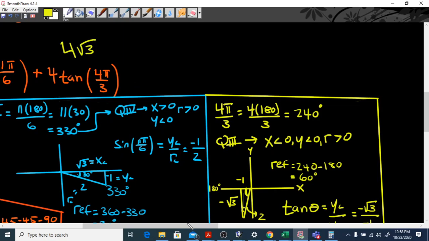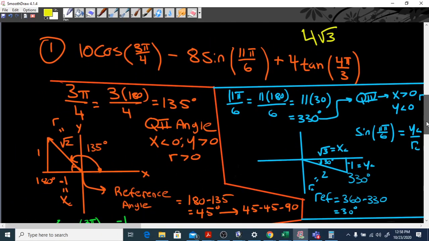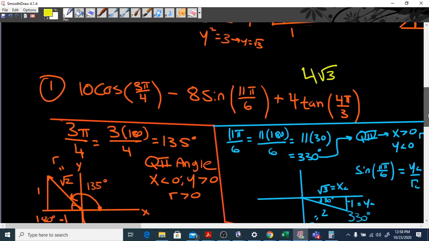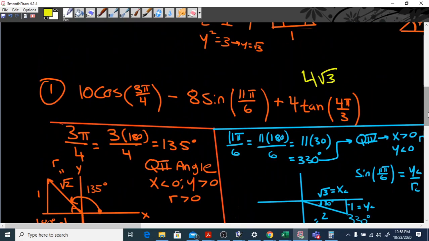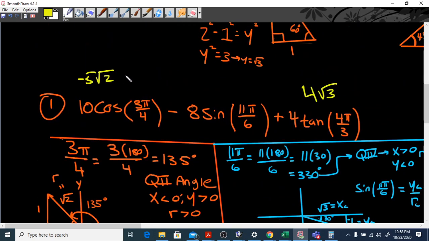Okay. So now let's finally put this all together. We're going to have 10 cosine 3 pi over 4, which we found was negative 5 square root 2, and then plus 4, and then plus 4 square root 3.